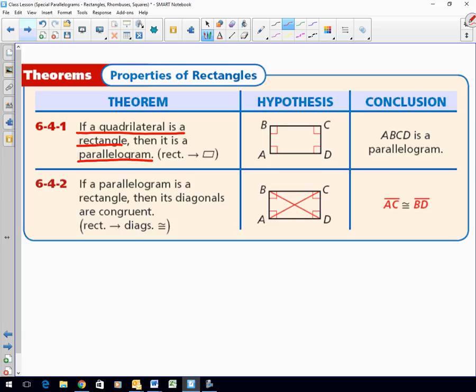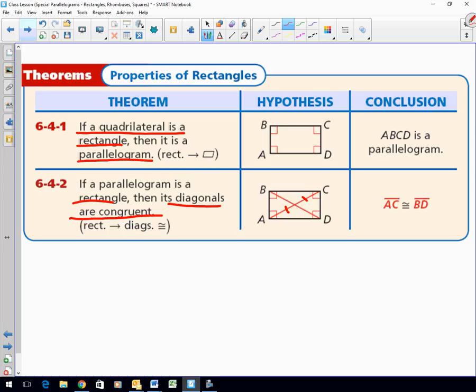What's cool about a rectangle, not only does it have 4 right angles, but also the diagonals are congruent to each other. So in a rectangle, my diagonals are congruent. Remember, yesterday we said parallelogram means that A to the bisect point is equal to C to the bisect point, because that's what the bisect does.